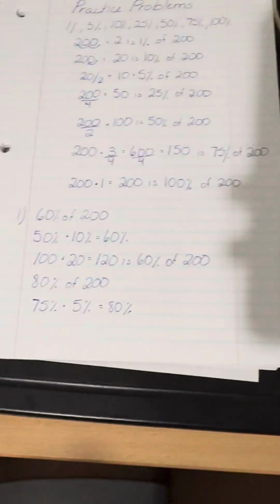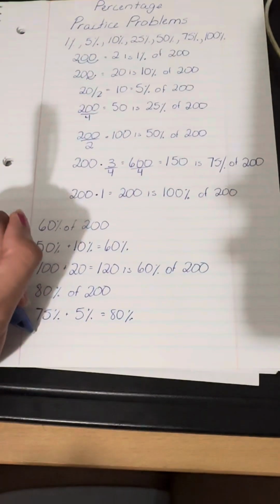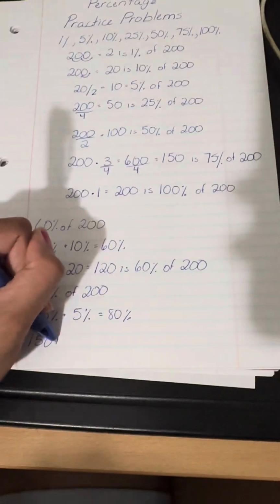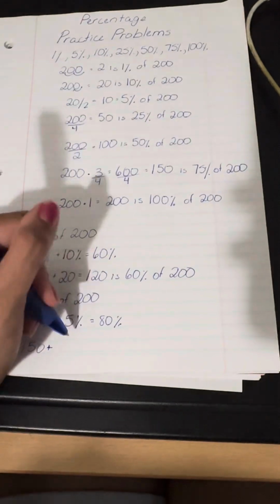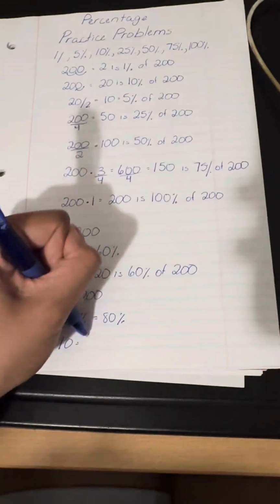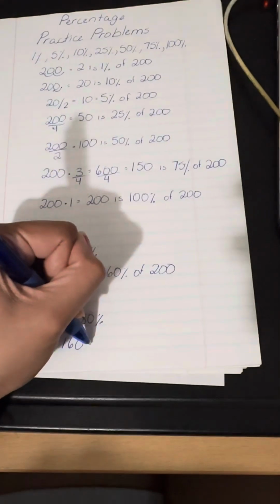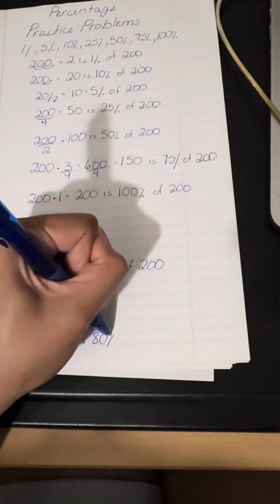That adds up. So 75% is 150. 5% is 10. We get 160 is 80% of 200.